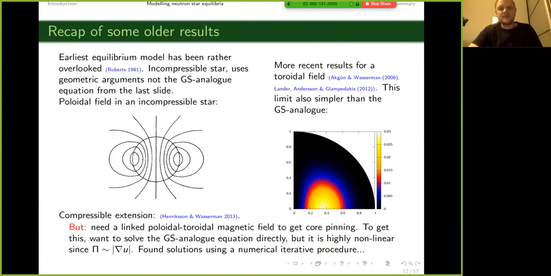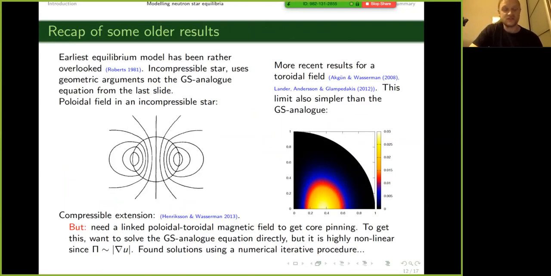But there are clearly reasons to consider the linked poloidal-toroidal magnetic field. Firstly, it's the most general case, and secondly, as I'll come back to in a minute, you probably need that to get this mysterious core pin that I keep talking about but don't explain. To get there, we need to solve this analog of the Grad-Shafranov equation, but it's more difficult than the other equation.